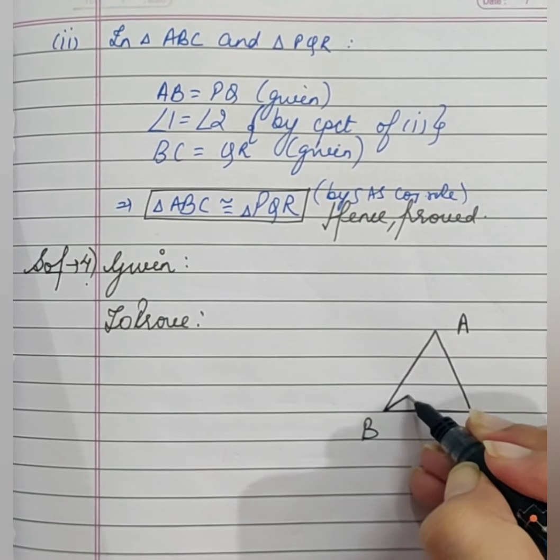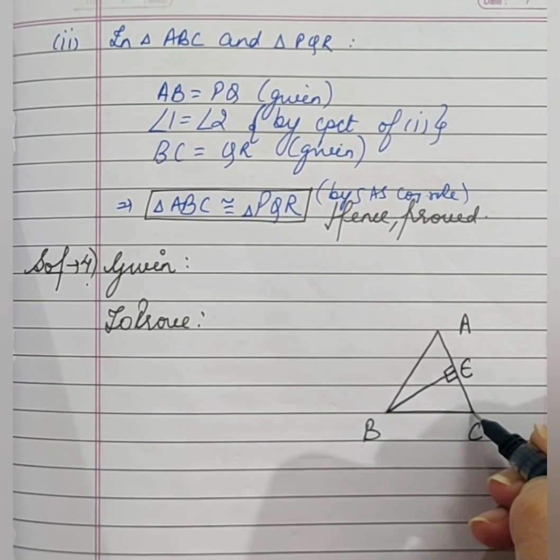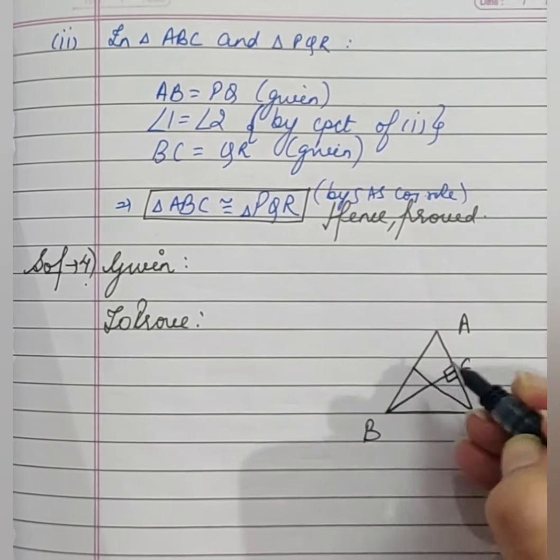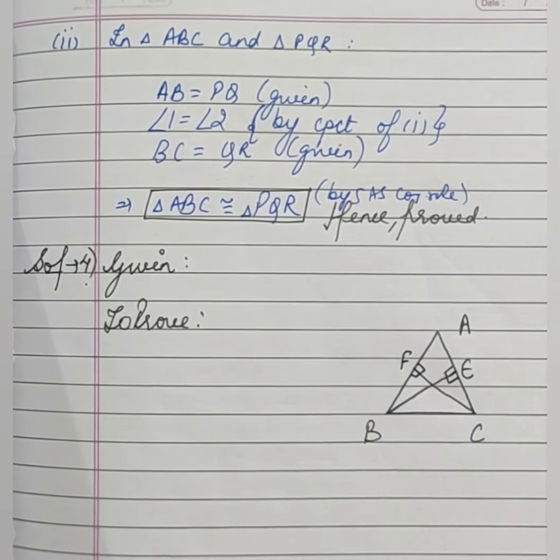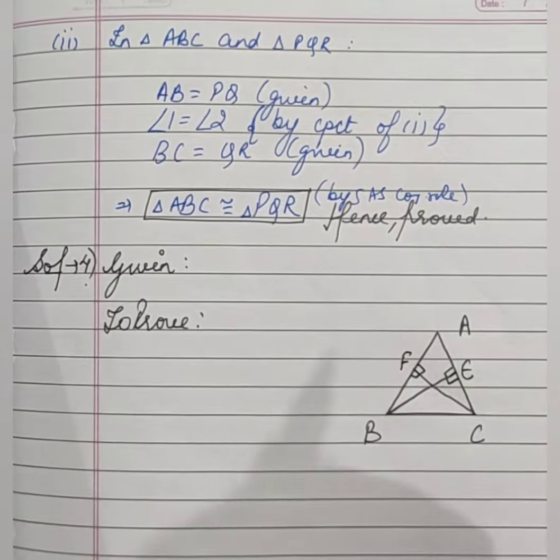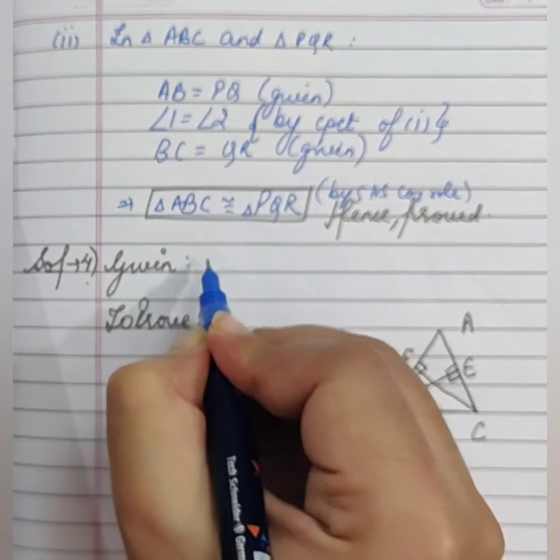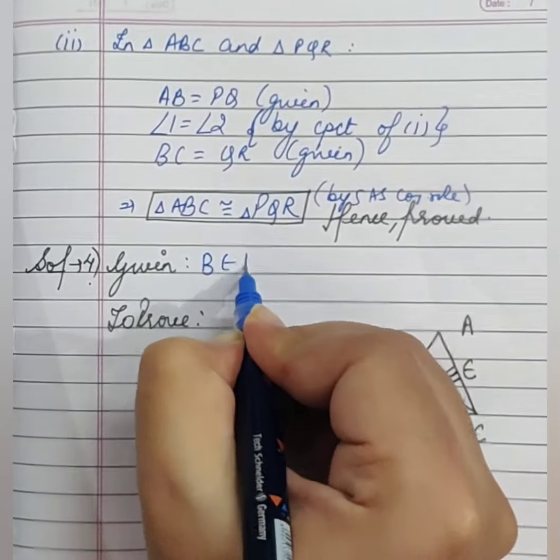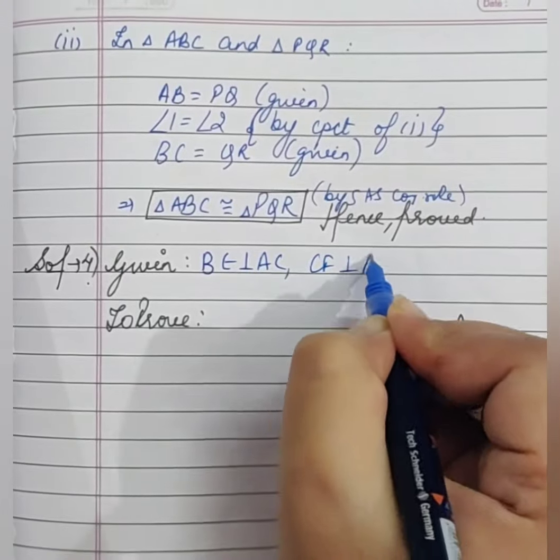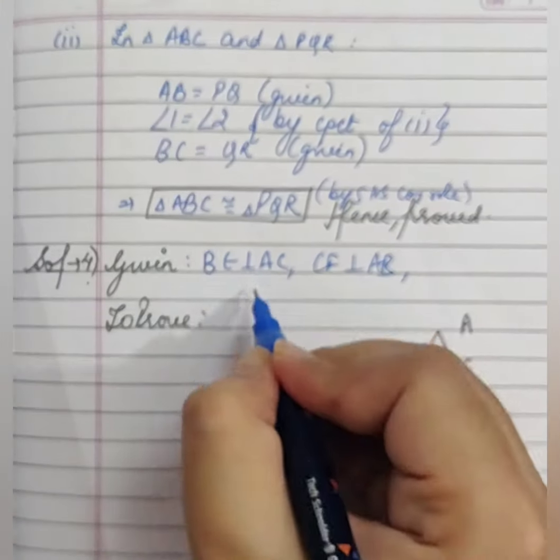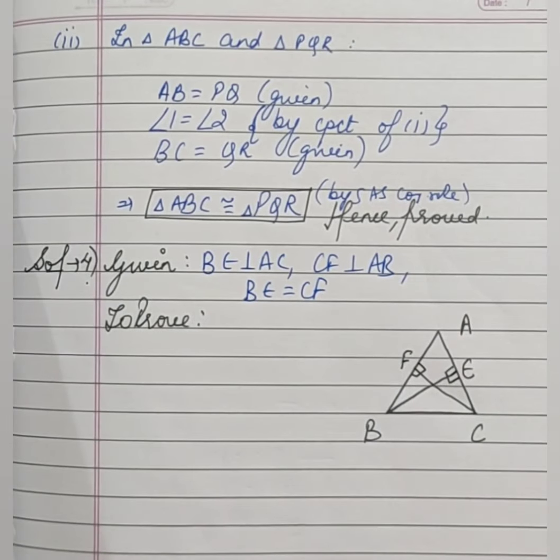That means BE is perpendicular to AC and CF is also perpendicular on AB. These are equal perpendiculars. That means BE will be equal to CF. So we can start writing BE is perpendicular to AC, CF is perpendicular to AB. Also BE is equal to CF because they are given equal perpendiculars.